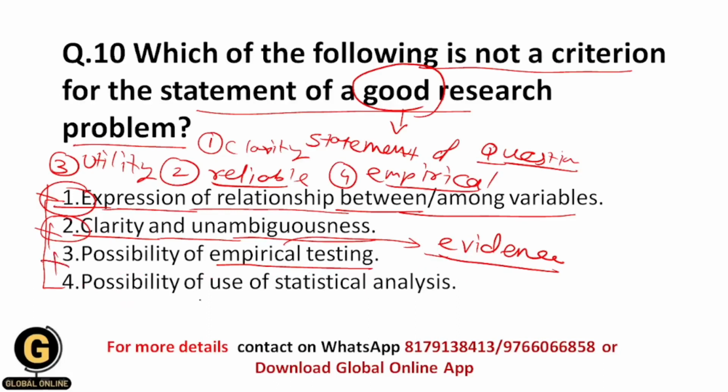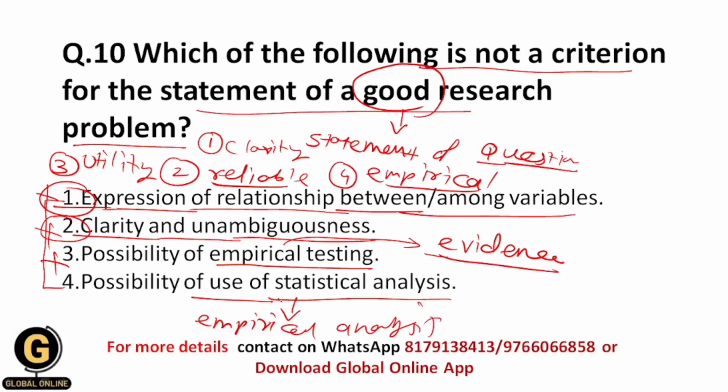And the last one is possibility of use of statistical analysis. Use of statistical analysis is not important every time, because empirical analysis is the important thing, which is analysis based on the evidence.